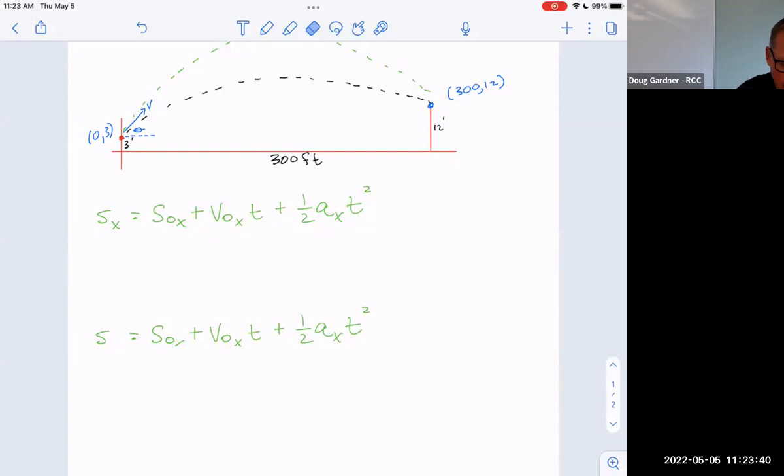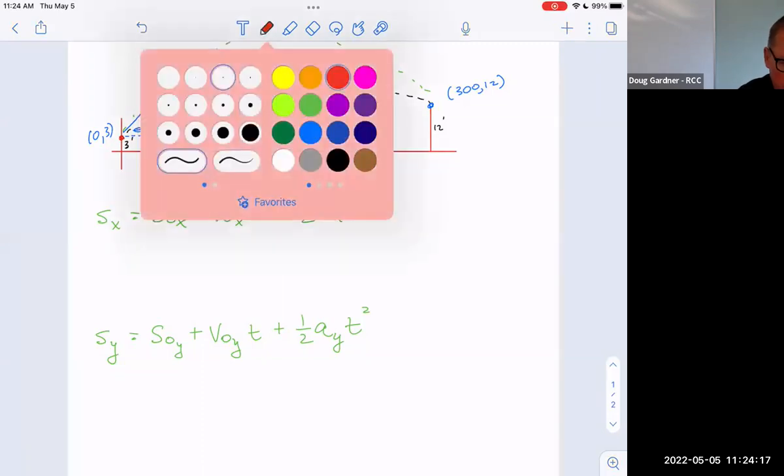I just replace all the x's with y's. So that was our early equations that helped us understand this type of motion. So what do we know? Again, we know some things here. What do we actually know when this thing is a home run? Those equations are generic for any kind of motion like this, but let's just think about this a second.